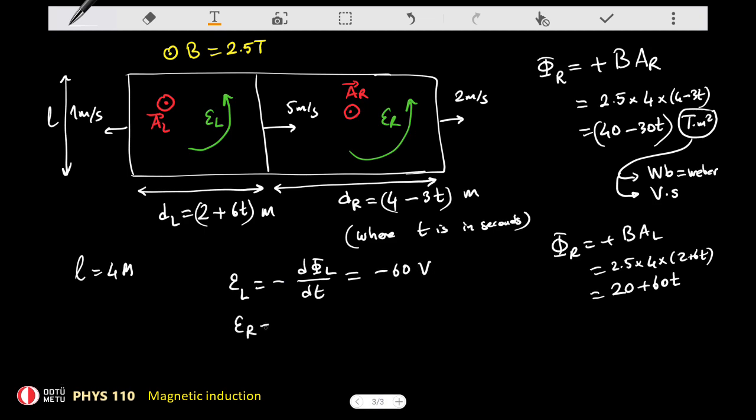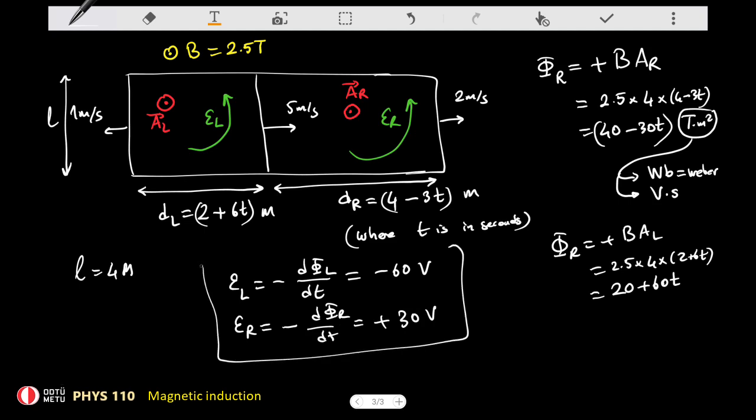So the EMF on the right loop is minus d phi r over dt. In that case, the time derivative is minus 30, so therefore this is plus 30 volts. Since I have chosen all the directions consistently with the right-hand rule, I don't need to check using Lenz's law whether these signs are correct or not.